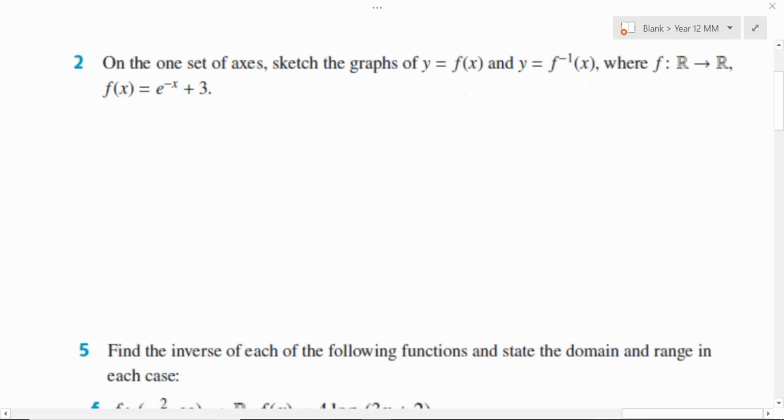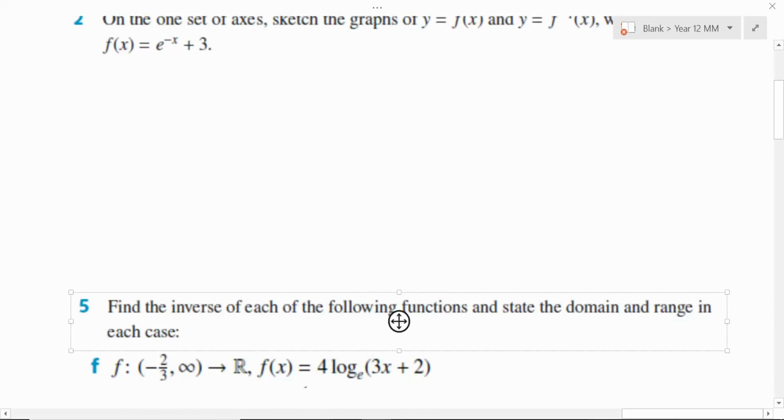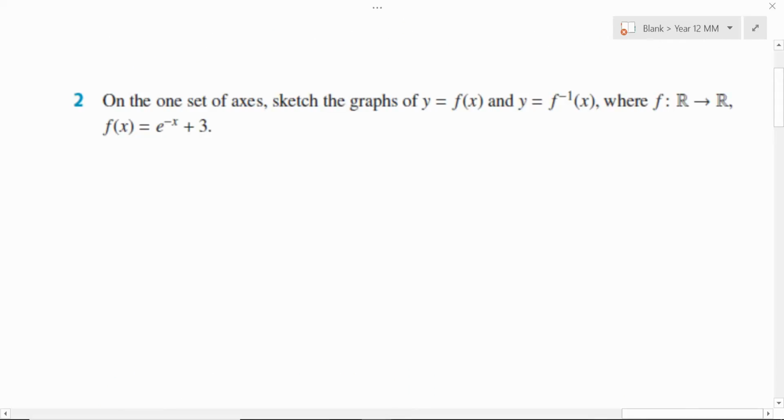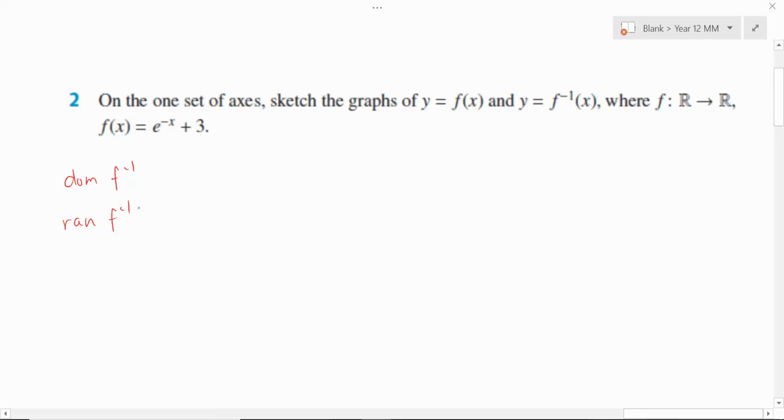Okay, so in this case here, all I'm trying to get you to do is think about this question here. You want to find, again, the domain of the inverse, the range of the inverse. You want to know what the inverse equation is, and then you want to be able to sketch it. Those are your two goals.